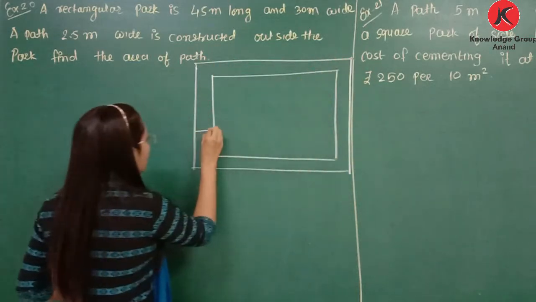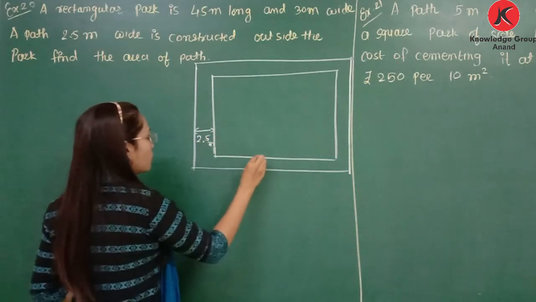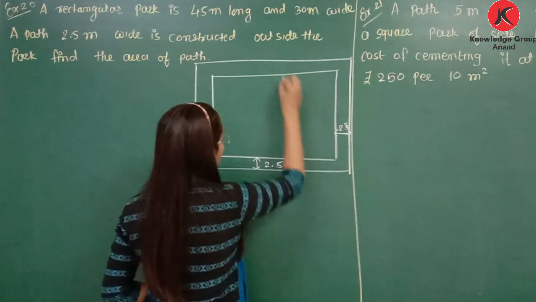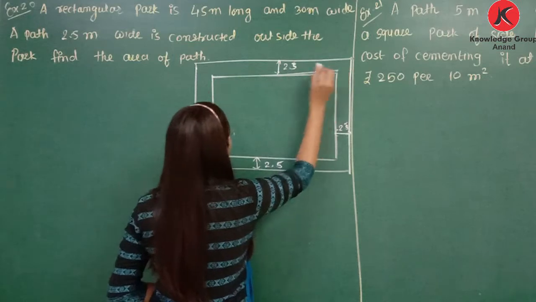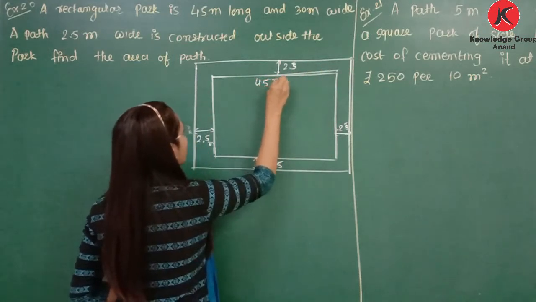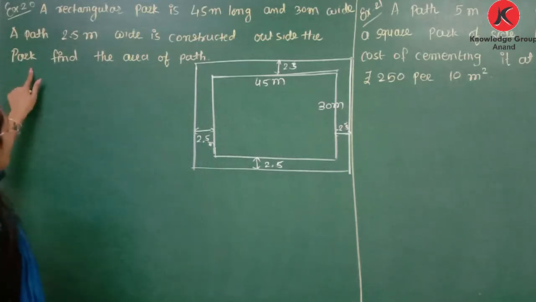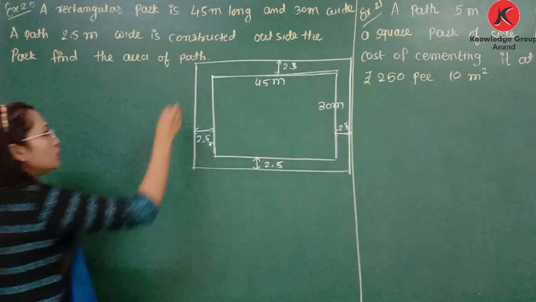So what is the width of this path? That is 2.5. This is also 2.5. This one is also 2.5. And this is also 2.5. The length of the park is 45 meter and width is 30. Find the area of path. So you need to find this area.